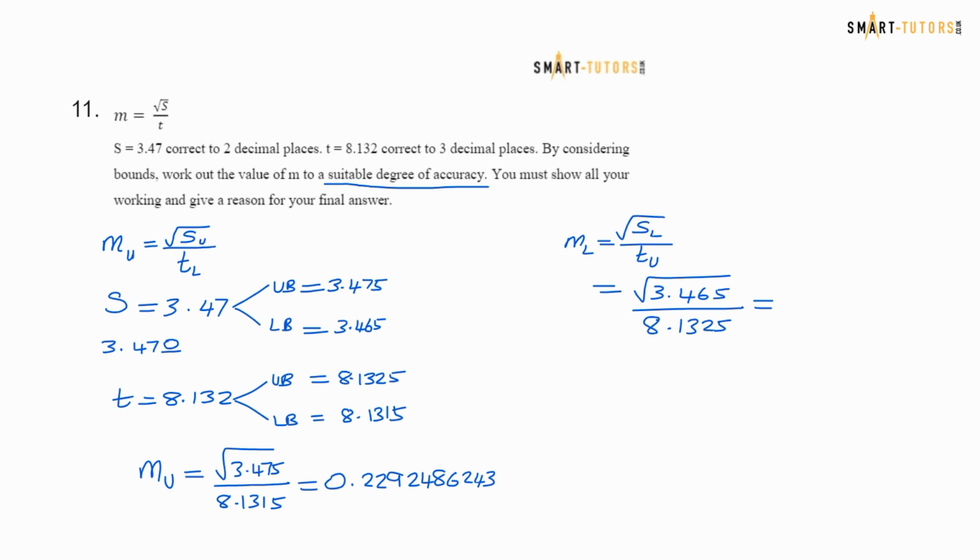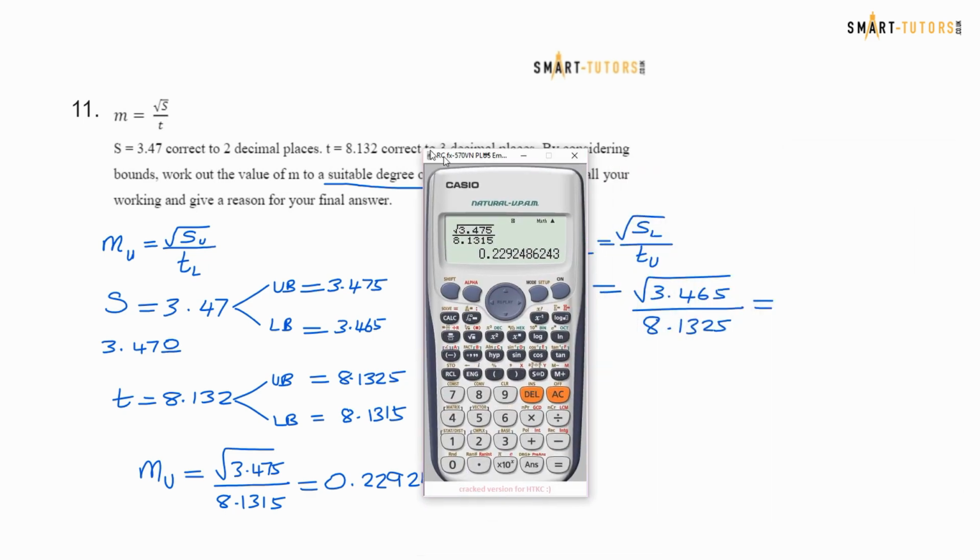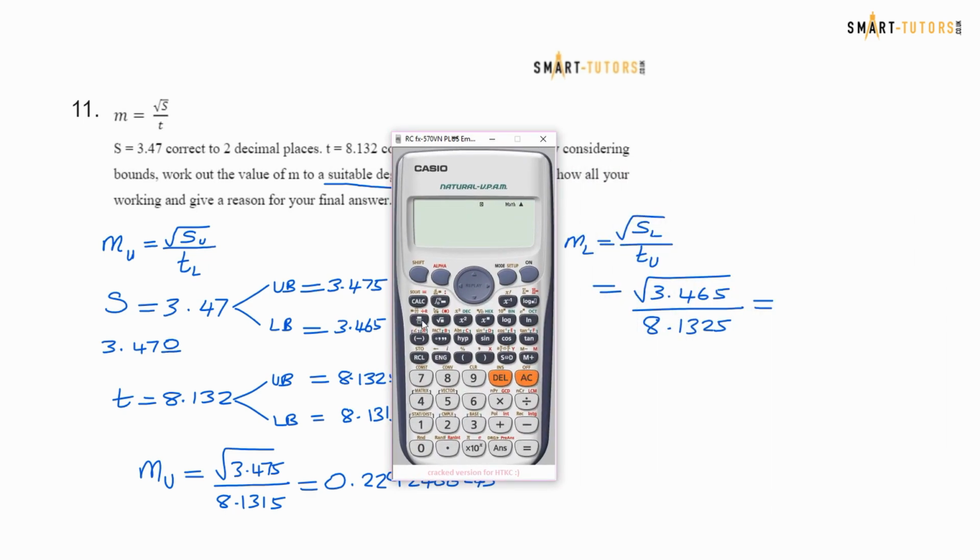And use the calculator again to find out the lower bound. So just go here and fraction, square root of 3.465 divided by 8.1325.